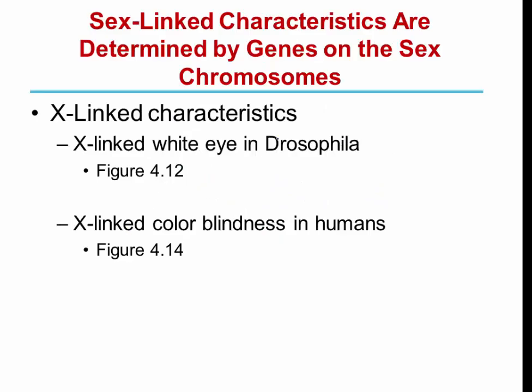But X-linked characteristics are much more common, and they were first discovered in Drosophila with the white eye gene, white eye mutant allele, and several other mutant alleles. And we can also see it in humans. Just to give you a little heads up, in humans, the way it works is if females have a trait, they pass it on to their sons.